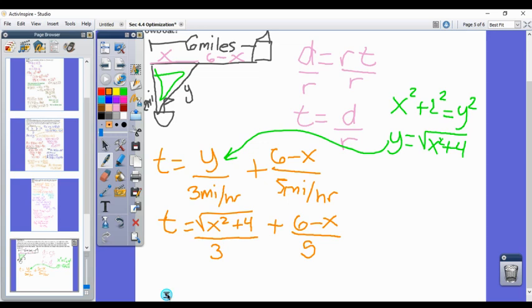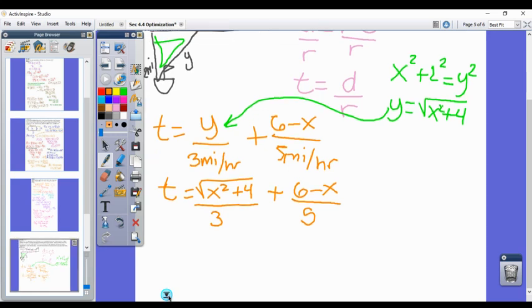Okay, so before I take the derivative of this, I know that the smallest amount of miles that the person will walk is 0. And I know the largest possible amount of miles that the person will walk is going to be 6.